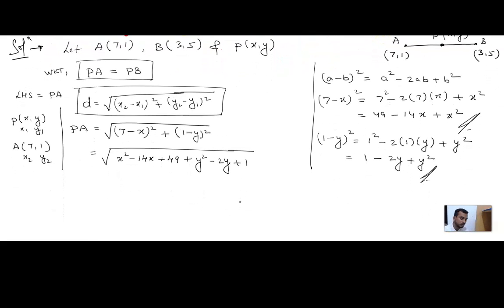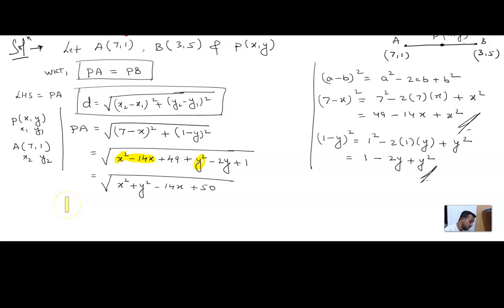Got it? Understood this? Now shall we do the calculation for this? What are the second degree terms? That is x square plus y square, then minus 14x.